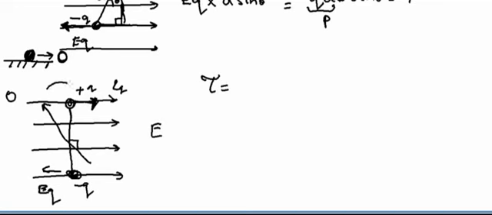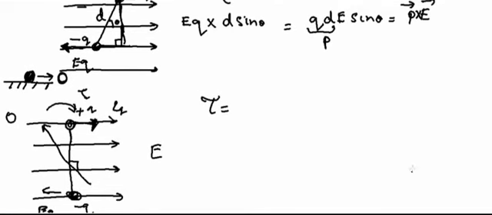This is the direction of the torque, tau. We derived this a little while earlier: torque is equal to Q times D times E times sin theta.